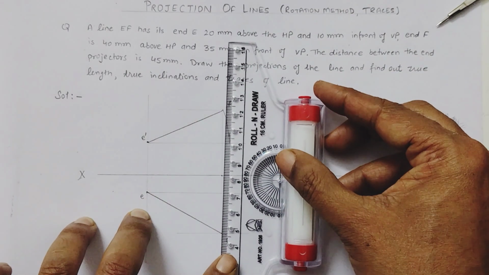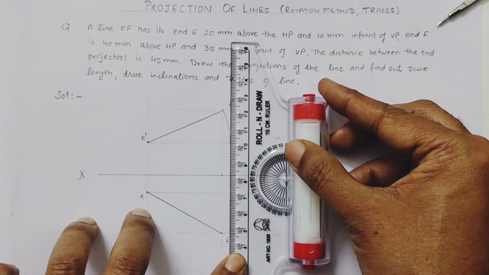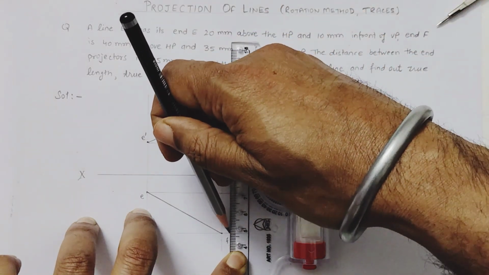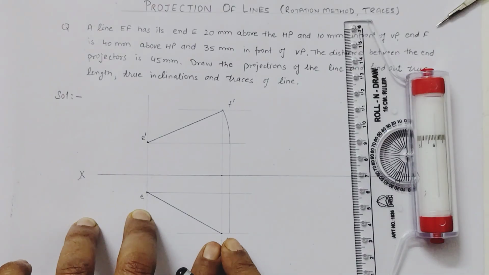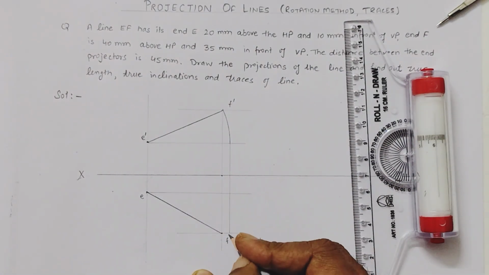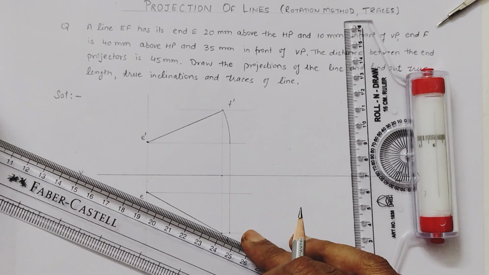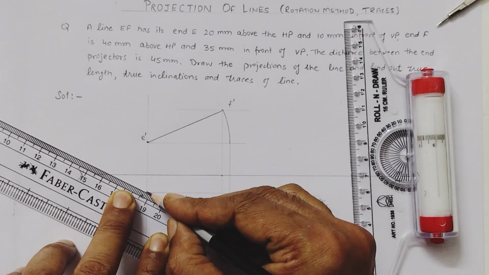Now parallel to this, extend the projector to meet the locus of point F in the top view. So we get the intersection of these two points. Now join E and F1 dash.